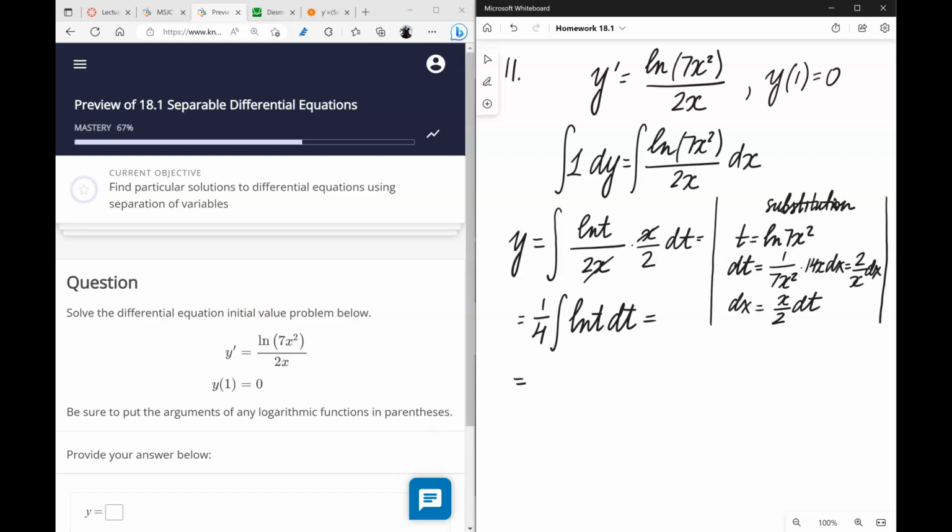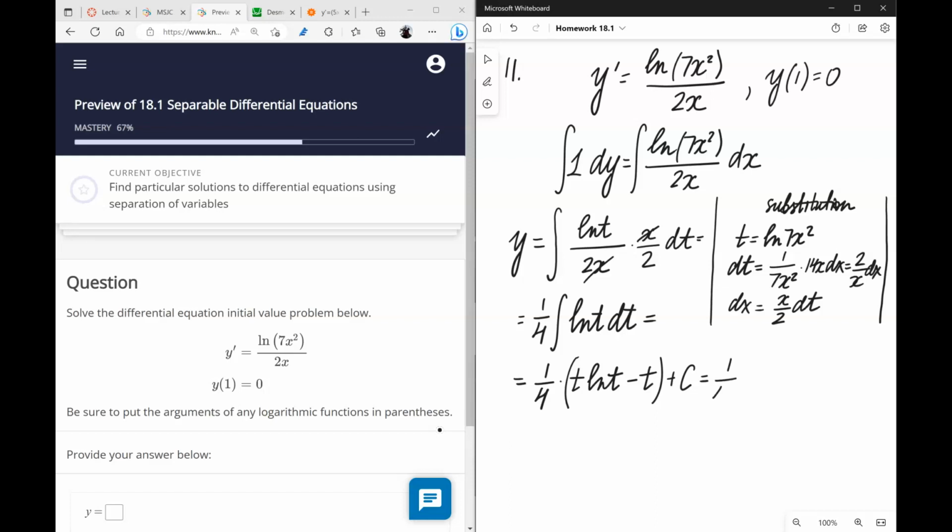And I think even earlier in this homework I did compute the integral of ln of t. It's going to be t ln t minus t and plus c, but instead of t I need to write what t stands for.